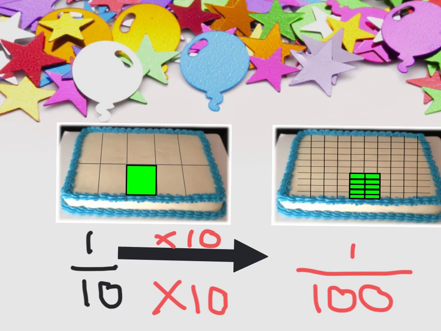to get 10. So we went ahead and multiplied our numerator that's representing this piece times 10, representing the 10 pieces that are shown here. And then we remember what we did with our denominator. We multiplied that by 10 as well.